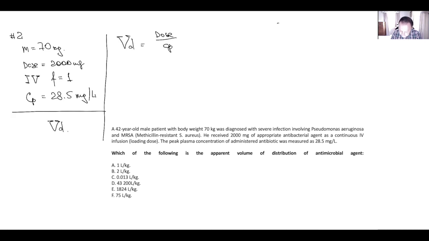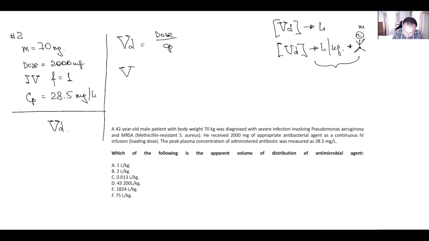Volume of distribution can be presented in the task in liters, or it can be in liters per kilogram of body weight. And then if you would like to calculate volume of distribution for a specific person, you need to multiply this value by body weight. So let's calculate volume of distribution for our case.